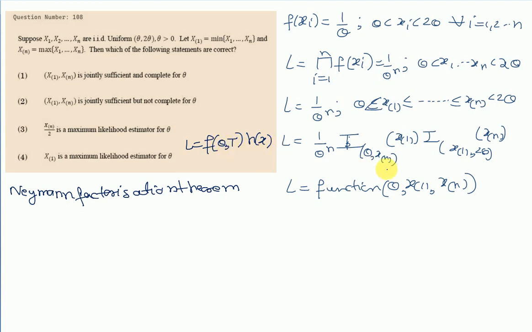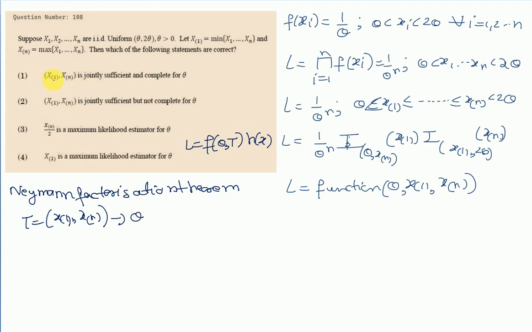Here we can easily see that in our likelihood function, h of x is taken as 1, t is the joint statistic x1 and xn, and the parameter is nothing but theta. So by the Neyman factorization theorem, this t is sufficient for theta.